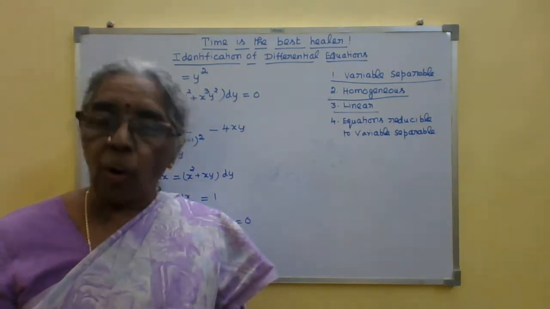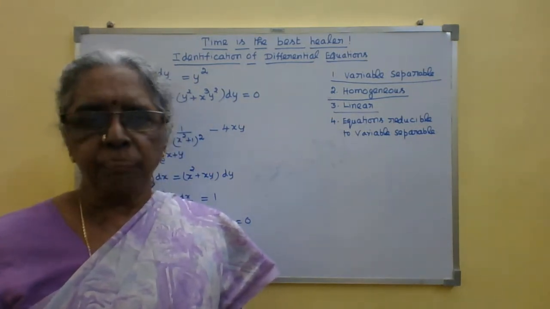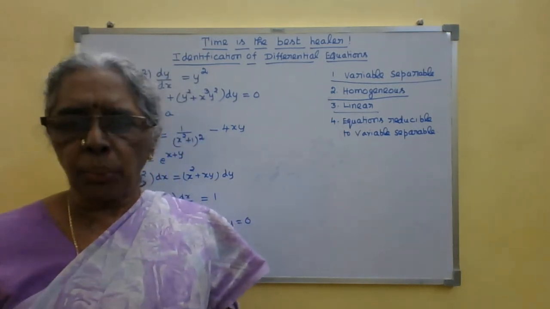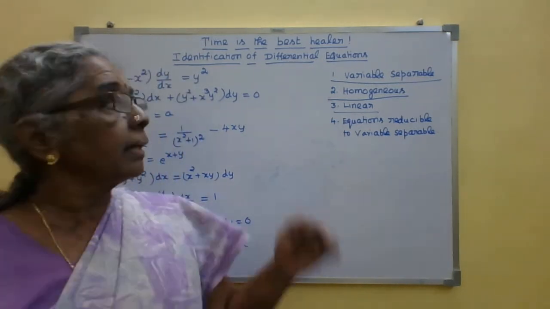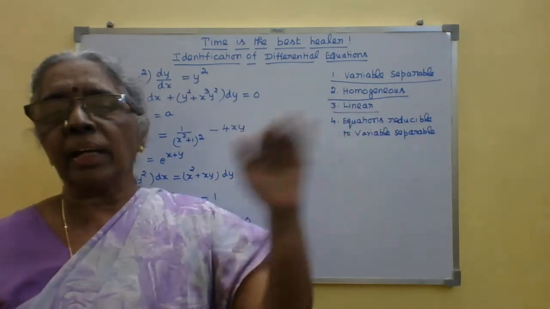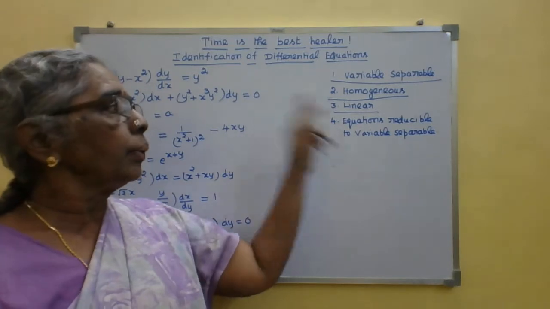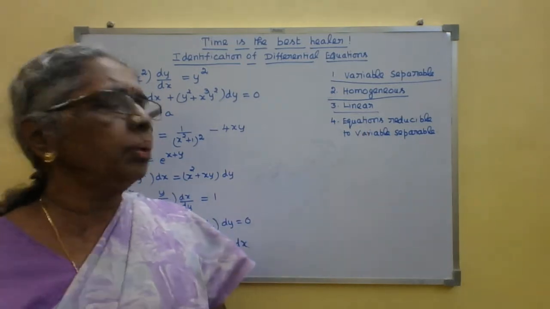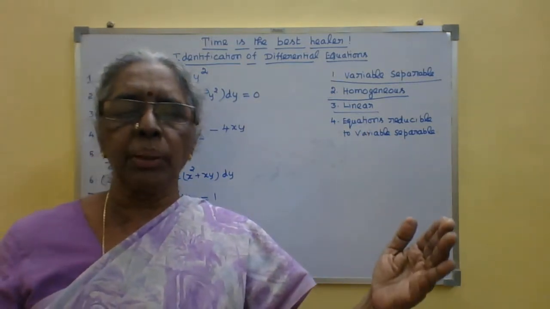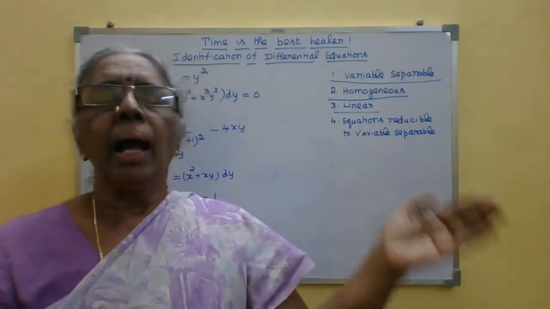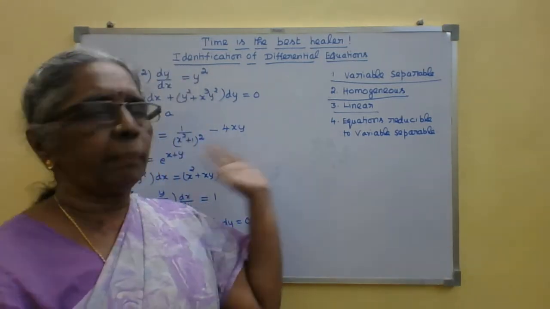If it is of the format dy by dx plus py is equal to q, where p and q are functions of x, then it belongs to linear differential equation. If it doesn't belong to any of the three, we have to try whether it belongs to equations reducible to variable separable. You will substitute something, after that it will become variable separable.